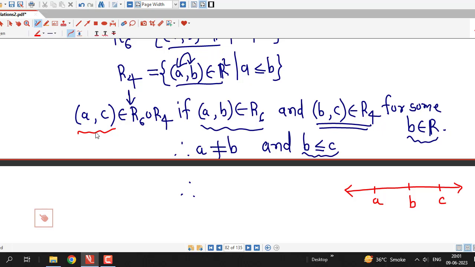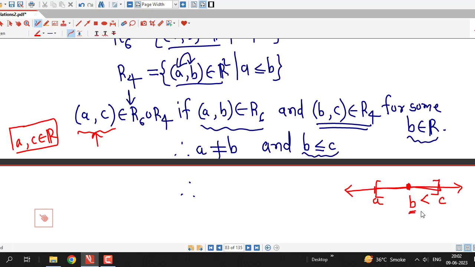If I take any ordered pair (a, c), that means a and c are any two real numbers, whether it is possible to find some real number b such that a and b are different and b is less than or equal to c. And we know that on the real line between any two real numbers there are infinitely many real numbers. So we can always find at least one real number b between a and c such that a and b are different and b is less than or equal to c.